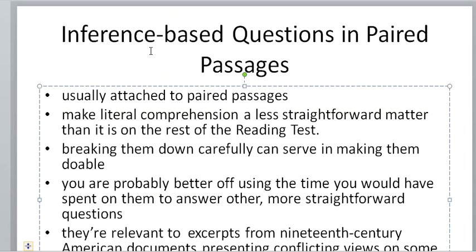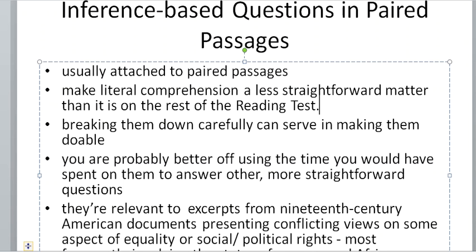Now let's get into inferencing and questions that are associated with paired passages. We're going to talk about these two simultaneously, at the same time. So usually these types of questions are attached to paired passages.